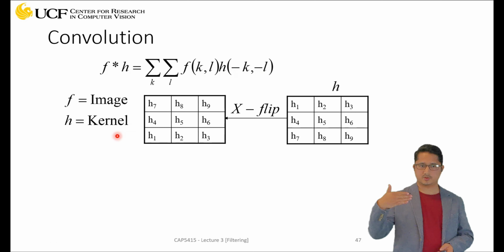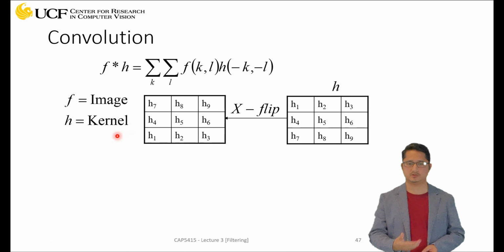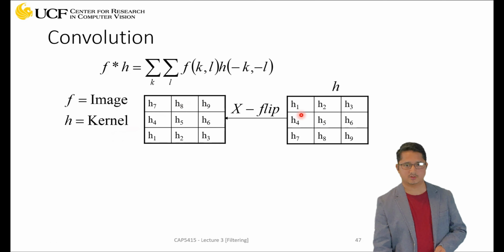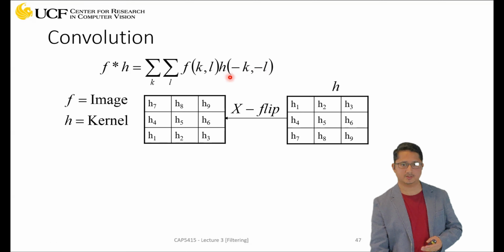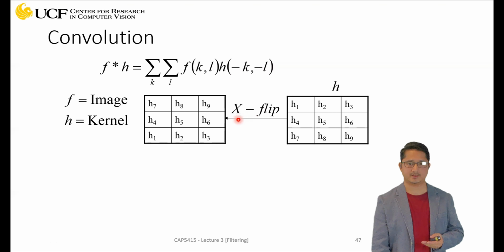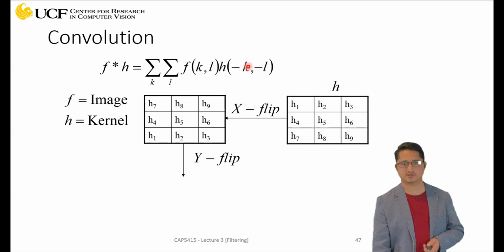Now, if you have to represent convolution in the form of correlation, what you can do is take your kernel, and because you have negative values, you can flip it in both the axes, x and y. In this case, we are flipping along the x-axis. So this becomes positive. Then we can flip along the y-axis. Then that will become positive, right?